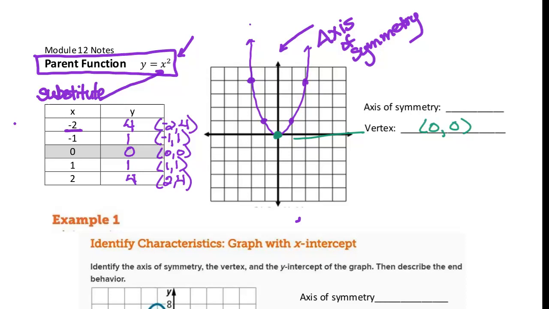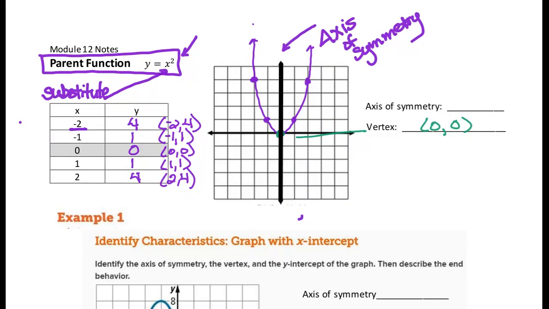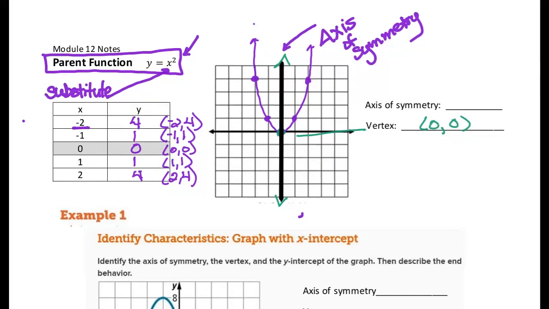And my axis of symmetry, I know that is this line. I wanted that to be green, but that's all right. I can put arrows on the ends of it. The axis of symmetry is always going to be x equals, so always make sure you put x equals.